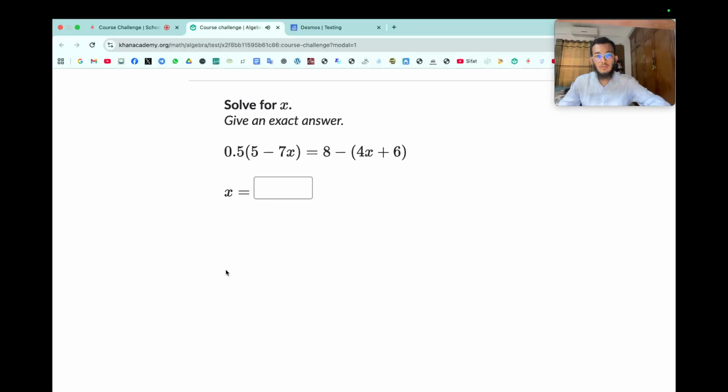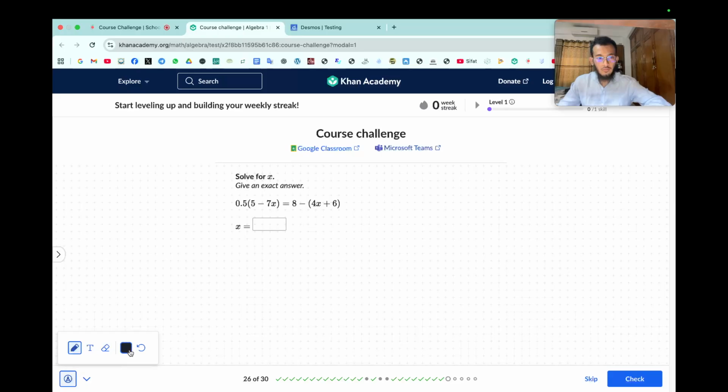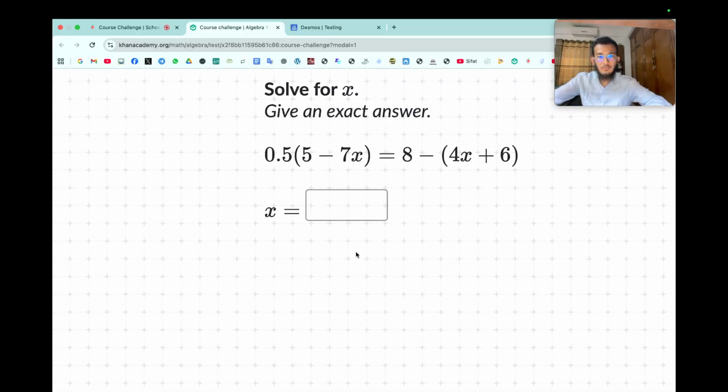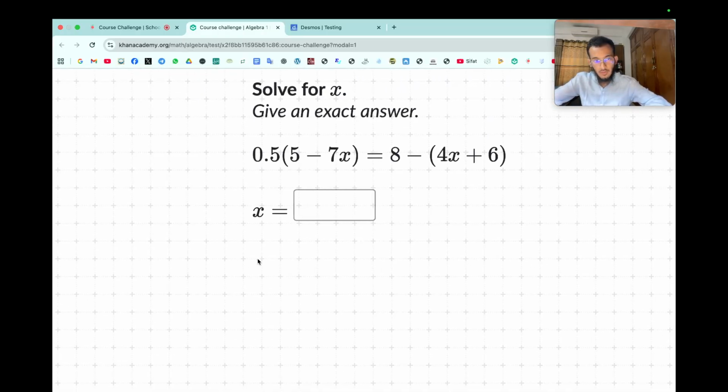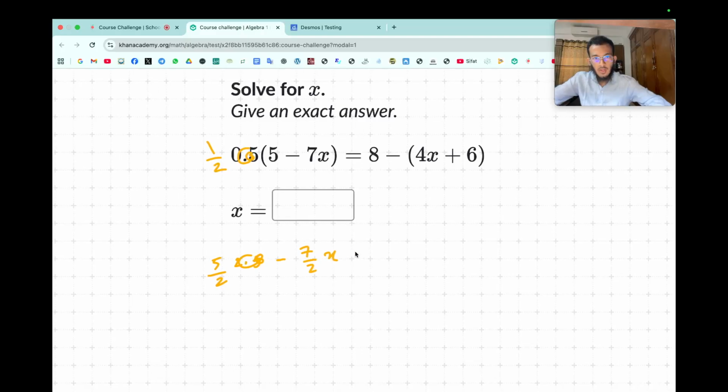Okay, solve for x, give an exact answer. So we have to solve for x. We do so by multiplying 0.5 with 5, so it is 2.5 minus 7 by 2x. 2.5 can be written as 5 by 2, because you can replace this as half. So 5 by 2 minus 7 by 2x equals 8 minus 4x minus 6.